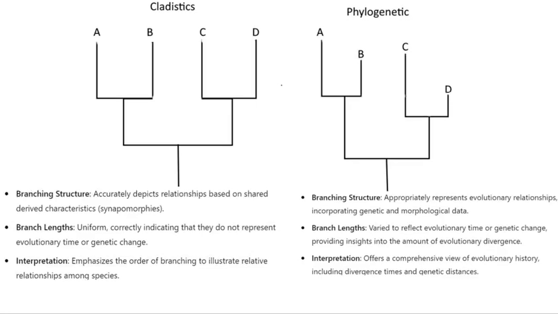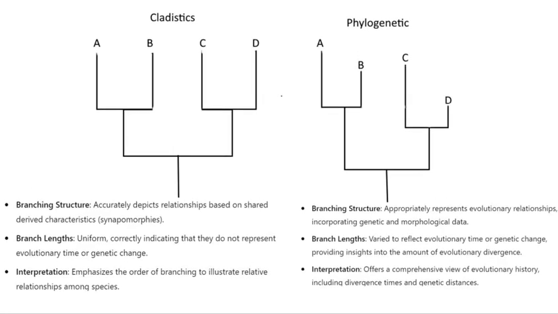Today, clades are enhanced by the addition of molecular data rather than simply basing them on pure morphological structures. Clades technically still accurately depict the relationship based on shared derived features, but a transition has been made in cladistics to what is called a phylogenetic tree.